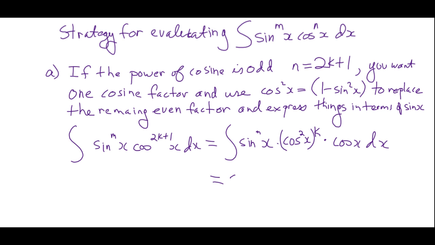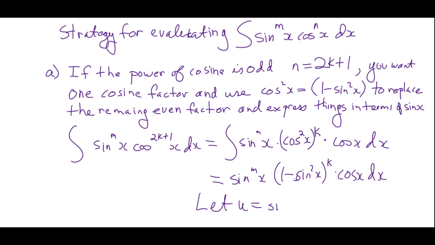You then convert that, so you've got sine. This becomes 1 minus sine squared to the power of k times cos x dx. And you let u equal sine x, and then you continue from there.